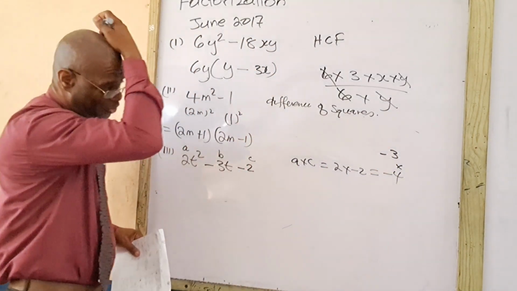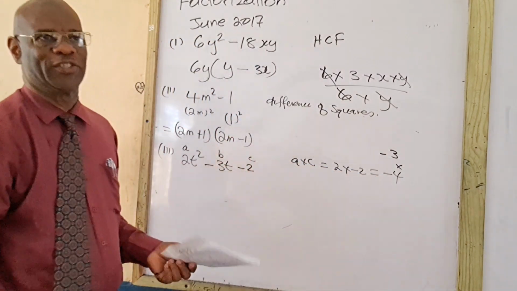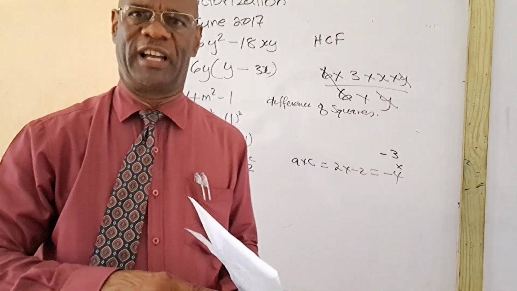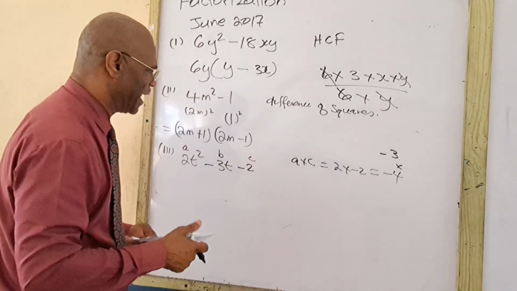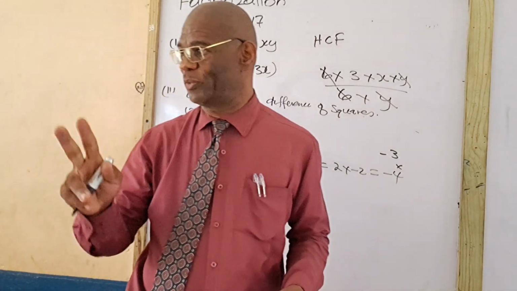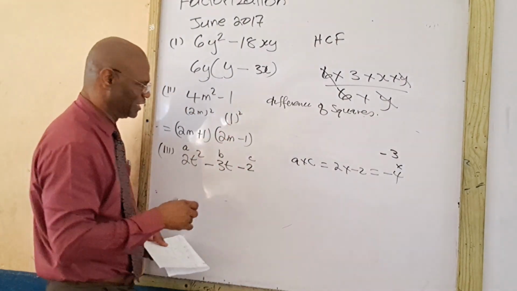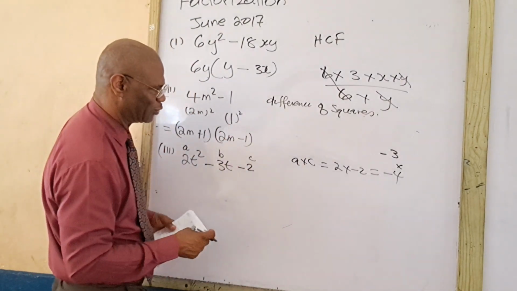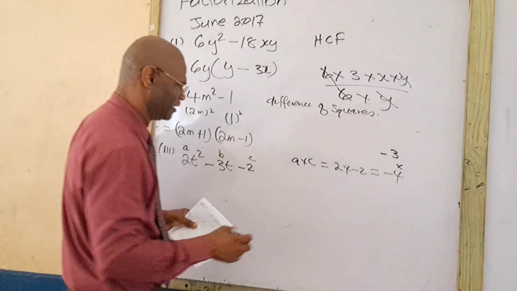Now notice we need a negative result from our multiplication. So a negative number times a positive number gives us a negative result. And when we are adding two numbers whose signs are different, we subtract and keep the sign of the larger. So what two numbers will multiply to give us negative 4 and add to give us negative 3?